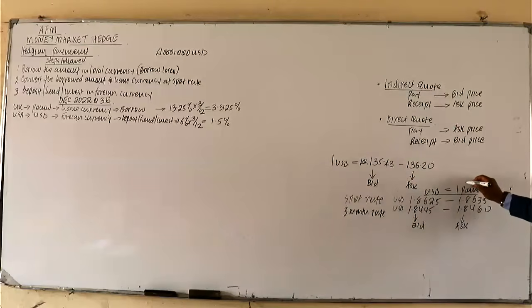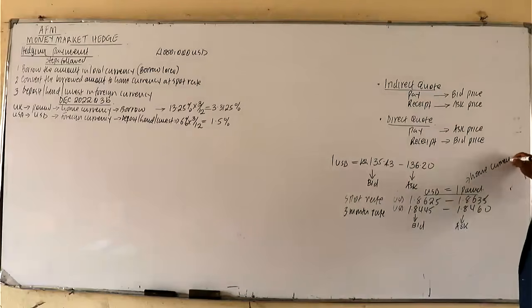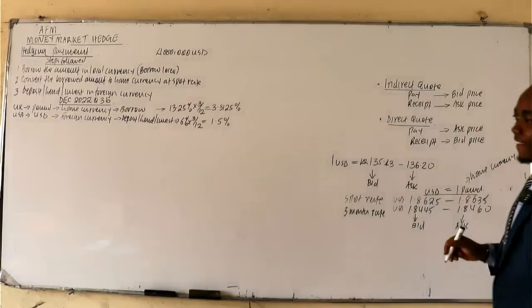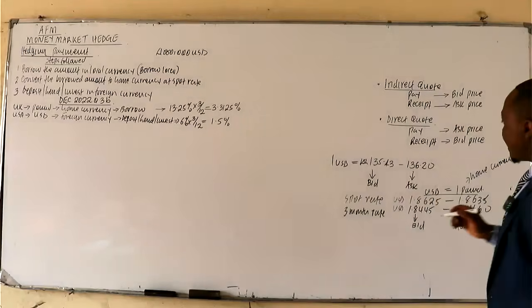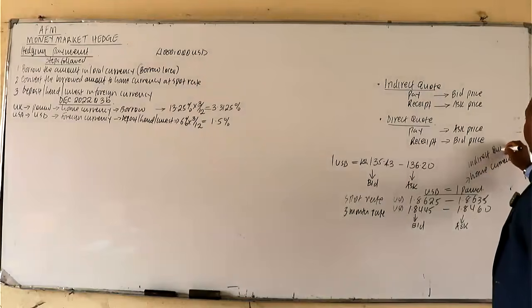So in this case, the pound is the home currency, which is the commodity, therefore this one is an indirect quote.